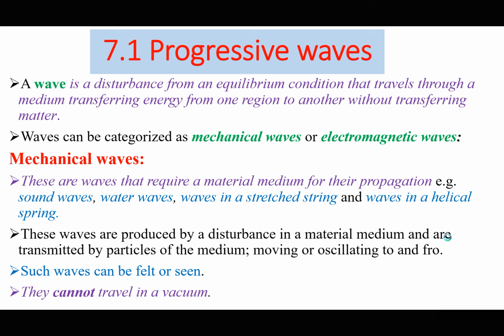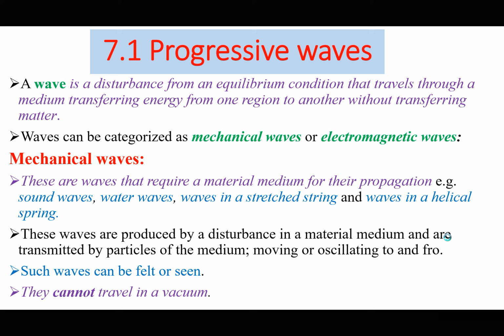So these are mechanical waves. What is very important, a takeaway from here, is that they require a material medium. The most important examples are sound waves or water waves, and these cannot travel through a vacuum. Another takeaway from this slide is that a wave is a disturbance which involves transfer of energy from one point to another.